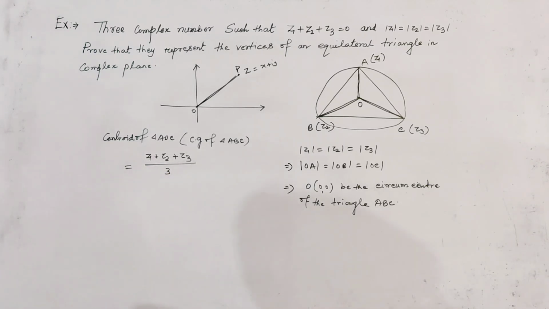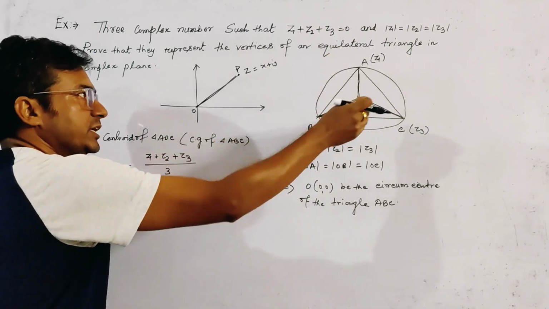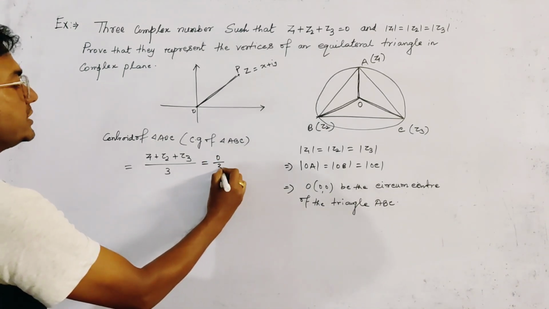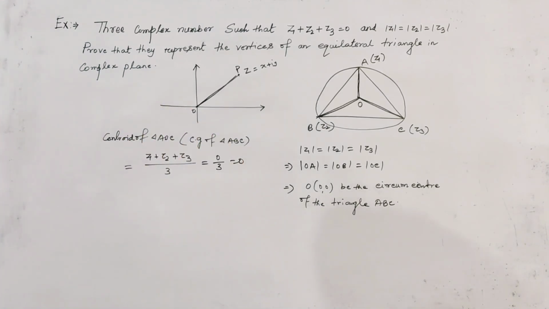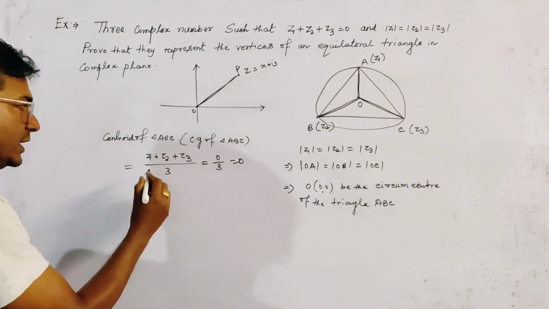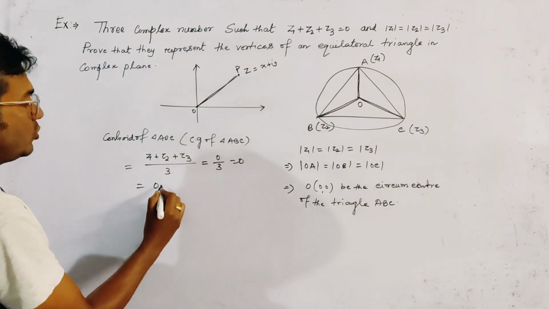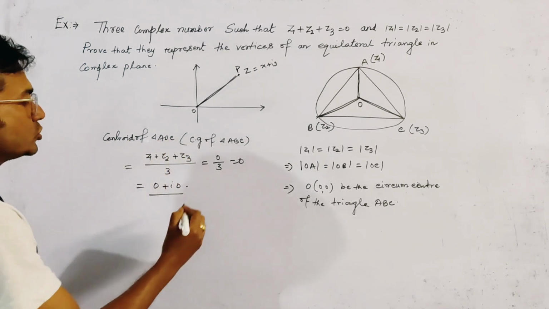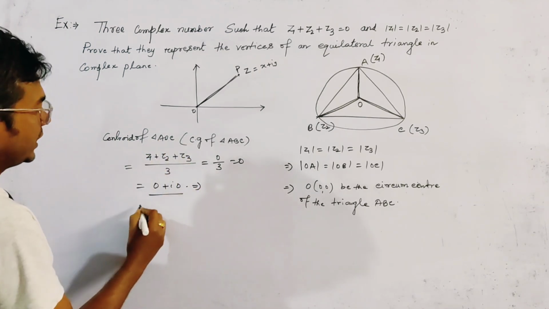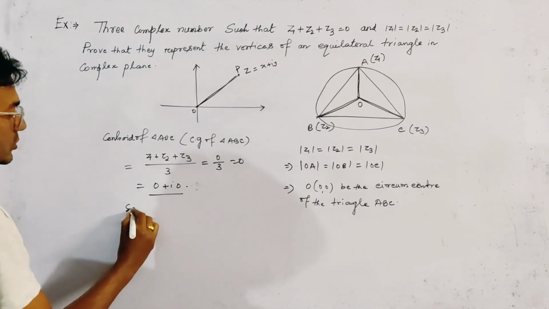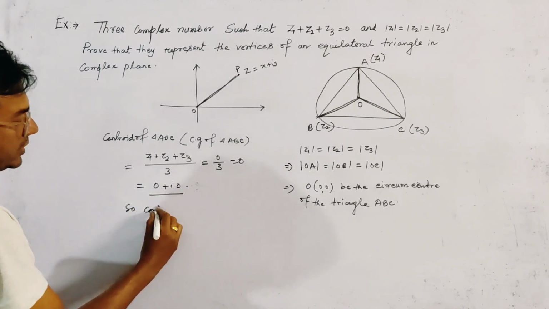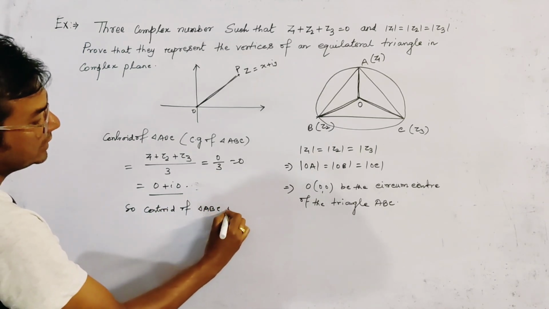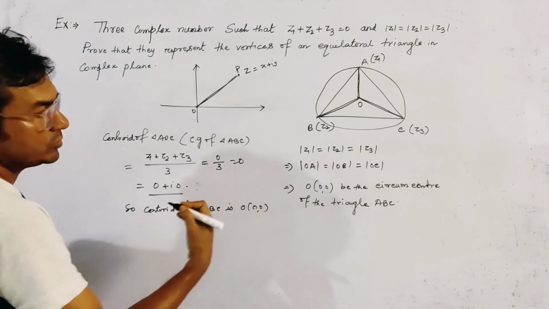This is the formula of the centroid, the addition of the three vertices divided by 3, and this is equal to 0 by 3, which is equal to 0. And this 0 means 0 plus i into 0, because these are complex numbers, so it must be the origin. So the centroid of triangle ABC is the origin 0 0.